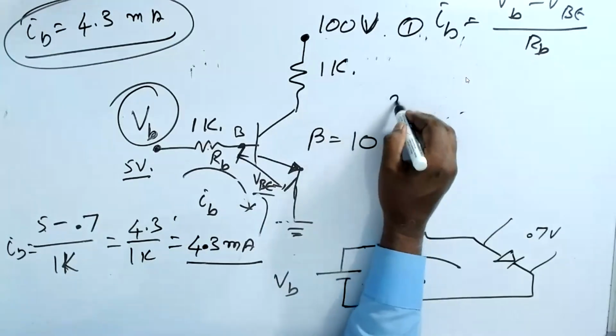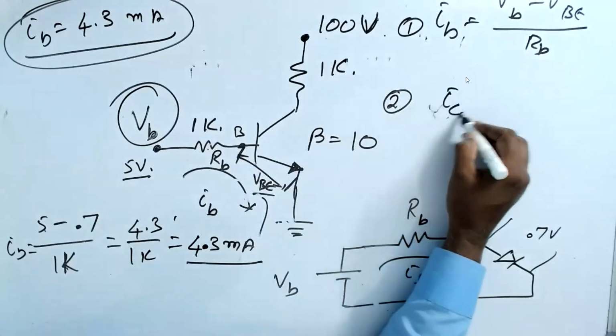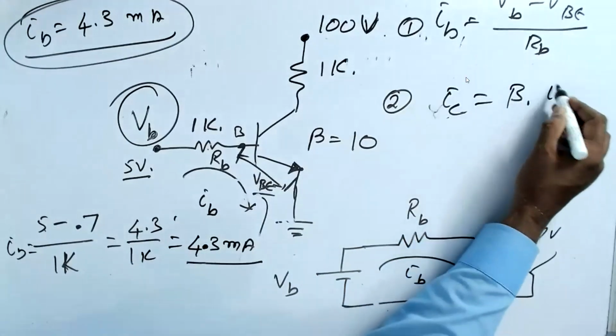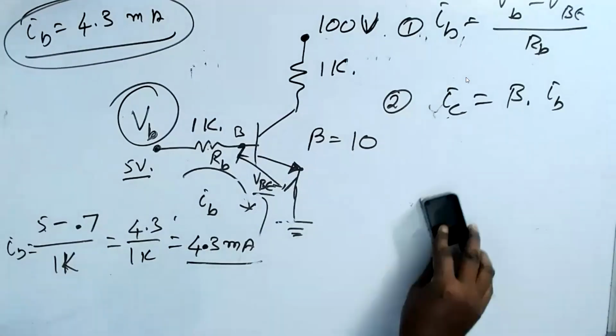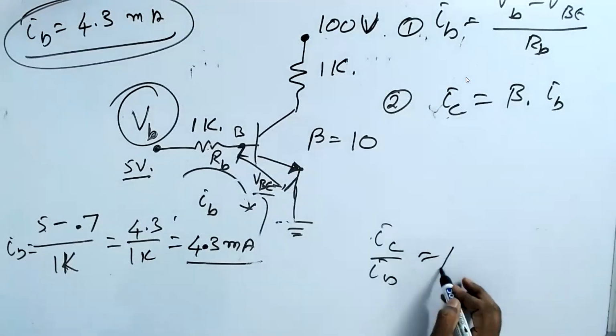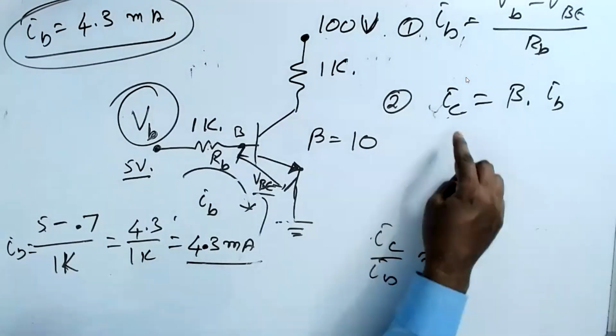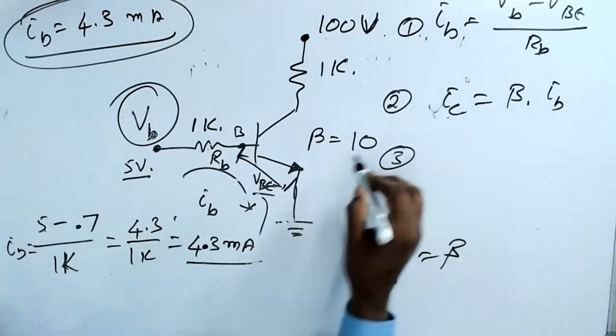Second step is IC. IC is equal to beta into IB. Understand now? That is very clear how I am using beta now. Because we have discussed IC divided by IB is equal to beta. So IC is equal to beta into IB. It's the second step. What is the third step?